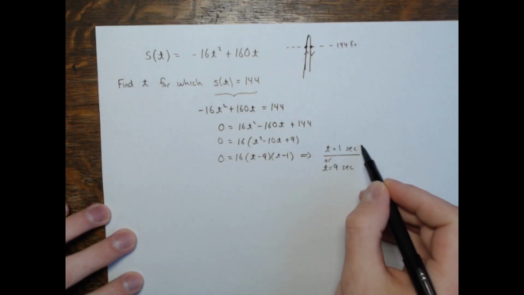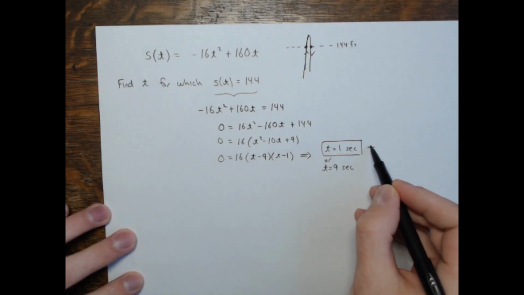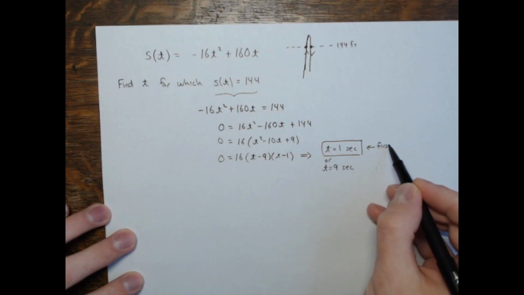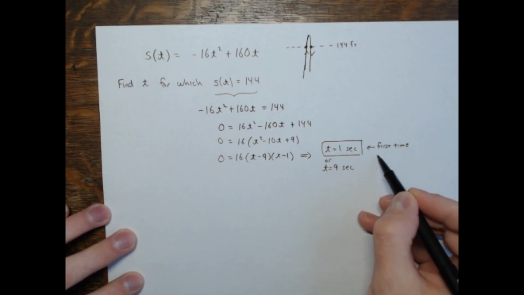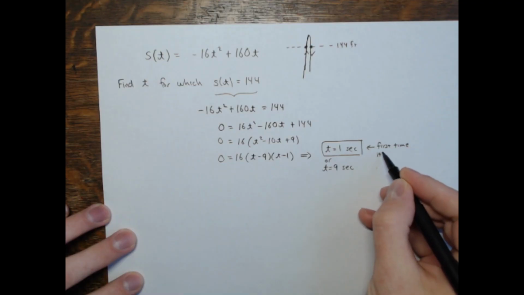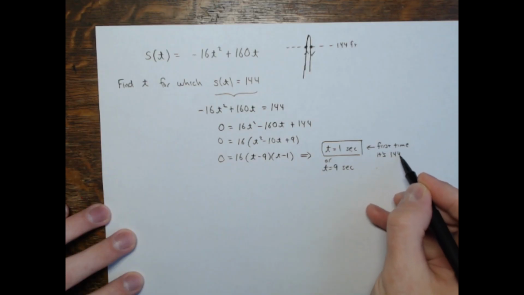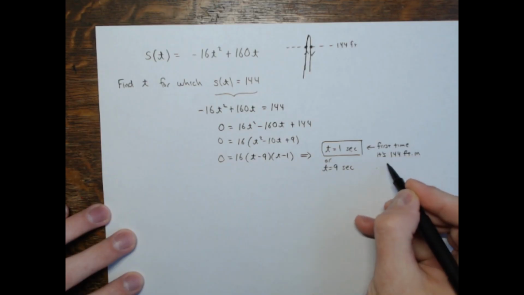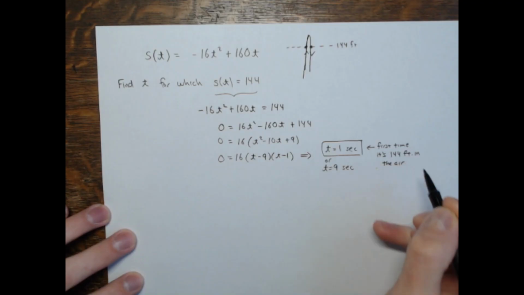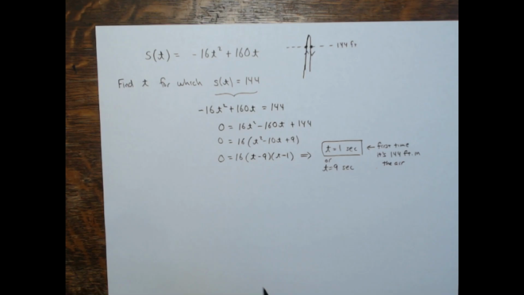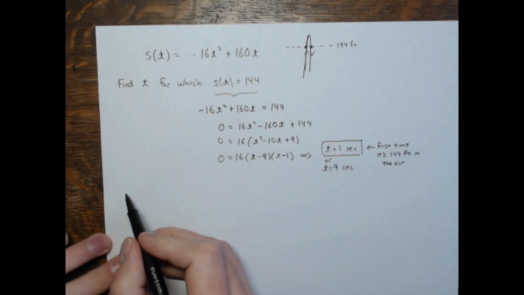So the one we're concerned with is the first time it's 144 feet in the air, at 1 second. They want us to find the velocity of this object at this time.